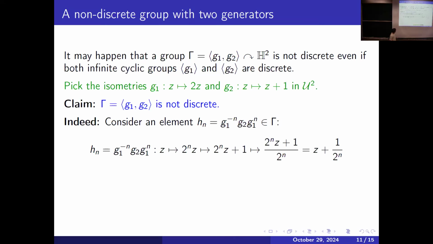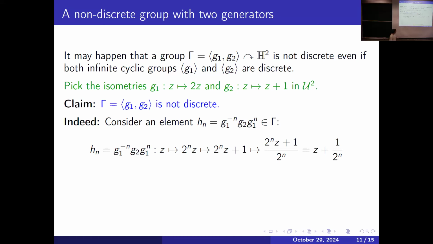Okay, then for this element Hn, we just try to find how it acts on the point Z in the upper half plane. So first we apply it from right to left, right? G1 to the power of n maps Z to 2 to the power of n times Z. Then we apply the translation plus 1, and then we divide by 2 to the power of n, since I took here G1 inverse to the power of n.